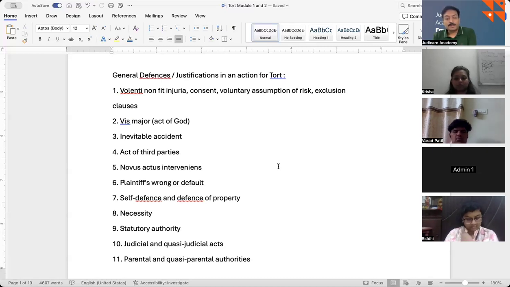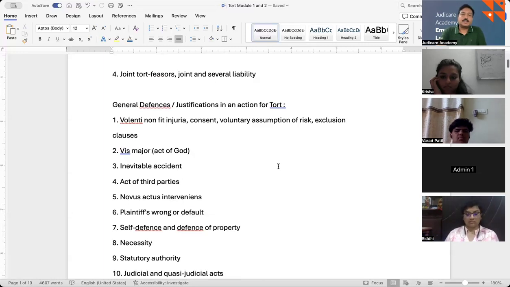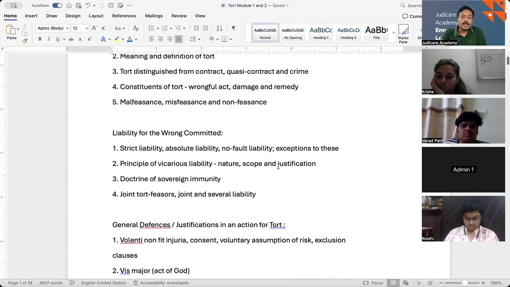While claims related to parental authority, statutory authority, and the principle of illegality address the responsibility and limitation of various parties under tort law, acts of third party, novus actus interveniens, plaintiff's wrong or default, self-defense, defense of property, and necessity fall in the same category. So what we have understood today is module 1 and 3.